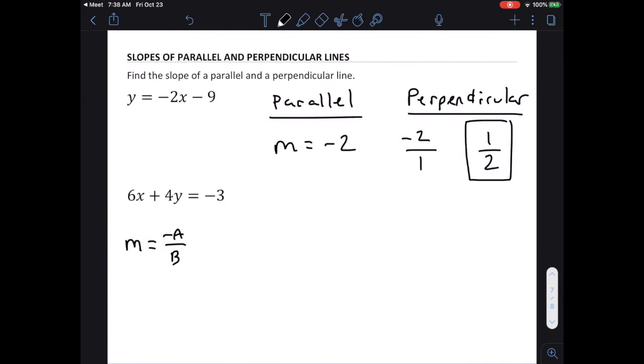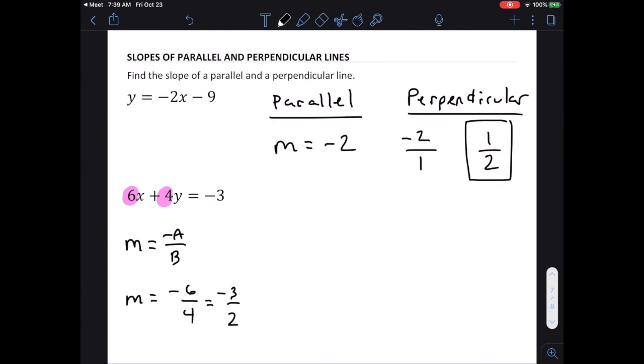And a in this case is 6, so we can identify that 6. And b is the 4. It's positive, so I didn't highlight that positive sign. So our slope of our equation here is negative 6 over 4. But again, we want to always simplify our slope, so this actually becomes negative 3 over 2.